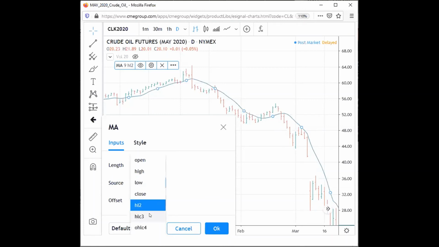This is the average of high, low, close divided by 3, the average of these 3. And the last one is the average of open, close, high, low divided by 4, right? So the chart provides these for you conveniently. You can just pick them from the chart.